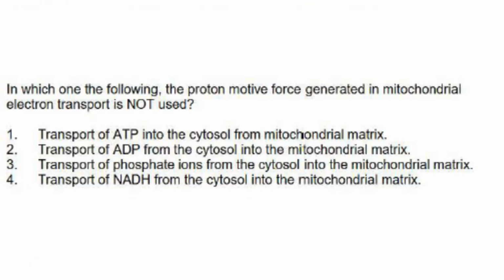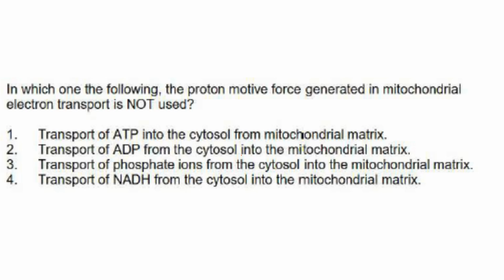Next one. In which of the following is the proton motive force generated in mitochondrial electron transport not used? Transport of ATP into the cytosol from the mitochondrial matrix: it is used. Transport of ADP from the cytosol into the mitochondrial matrix: there also it is used.